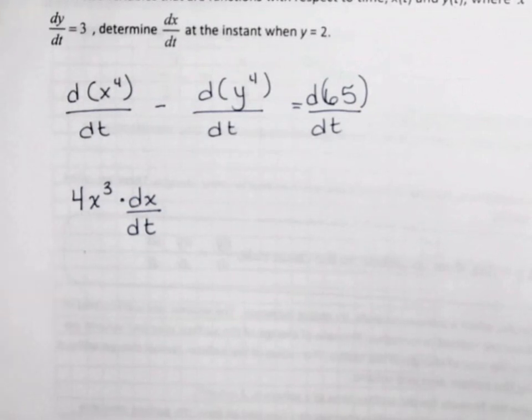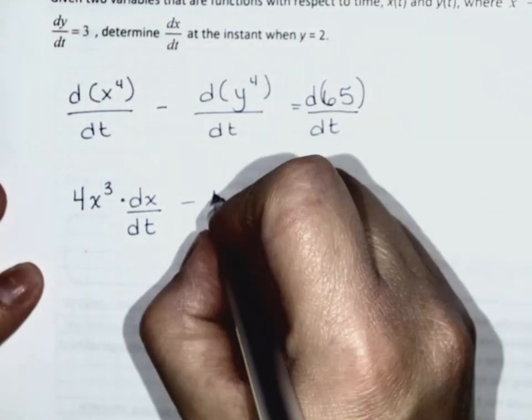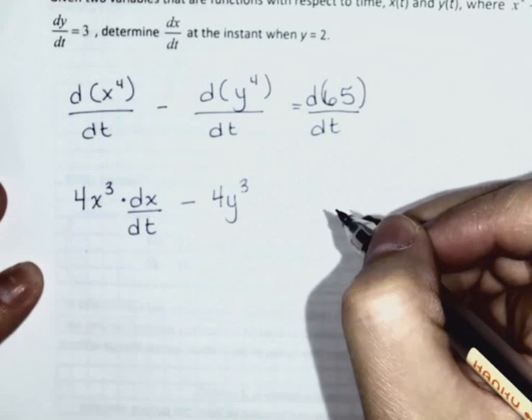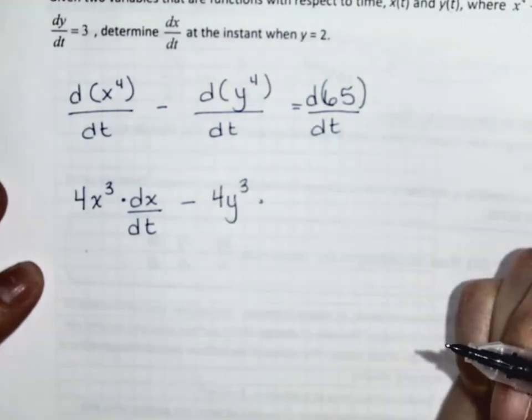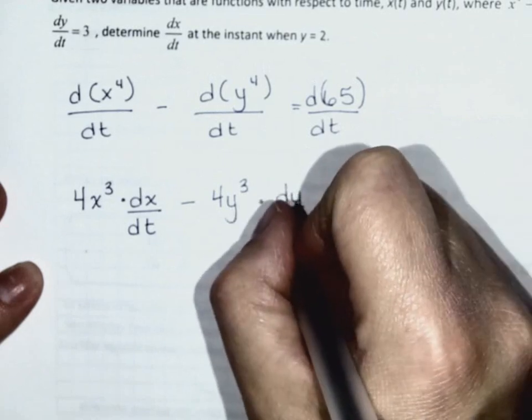Because we're stating the fact we derived with respect to the variable x. This one, we're going to use the rules again. So 4y cubed. And then what did we relate it to? Y. So we have dy divided by dt.